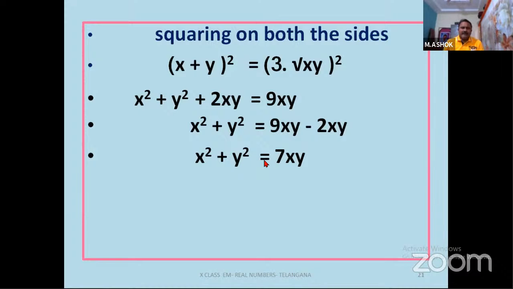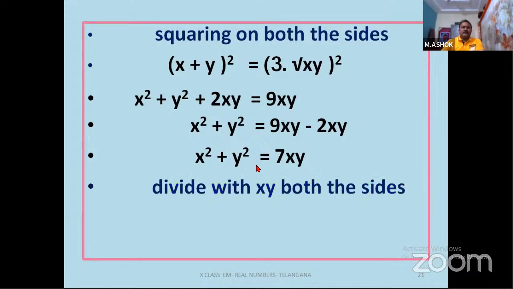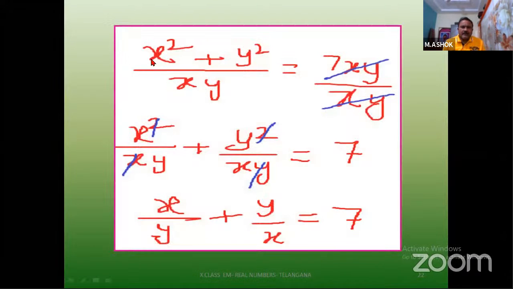We need the x by y plus y by x value, so divide both the sides with xy. Look at here, x square plus y square by xy, and on the right side 7xy by xy, so the xy gets cancelled.